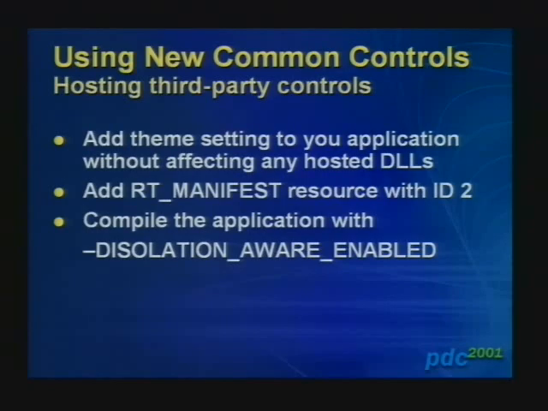So you still create an application manifest like I've shown you before, but instead of setting the resource ID to 1, which is to say that all my application and all my DLLs will now be dependent on the new common controls, when I set my application manifest resource to ID 2, it only says, hey, only my application, only this particular exe is dependent on the new common controls.